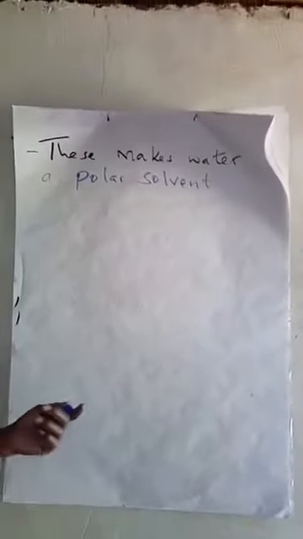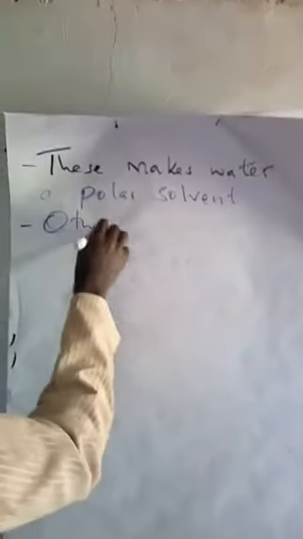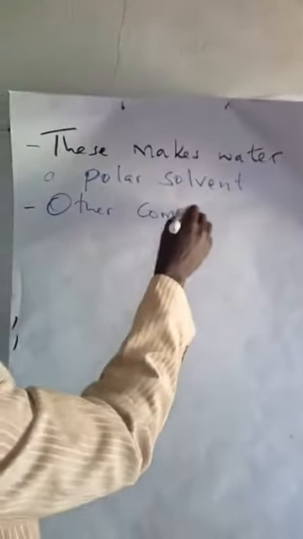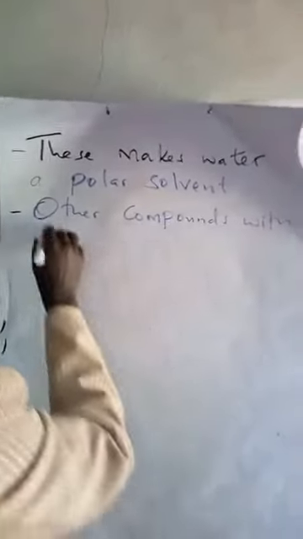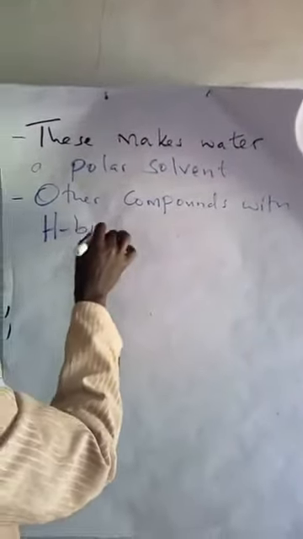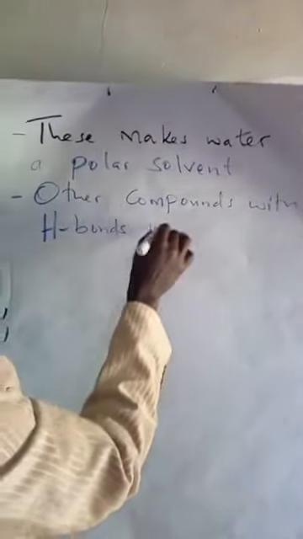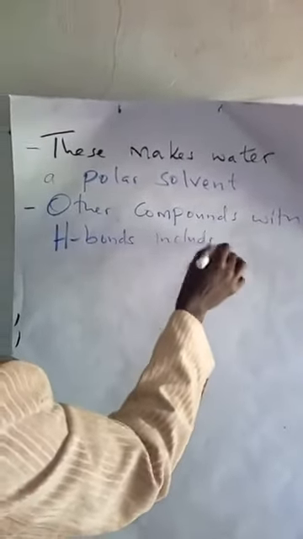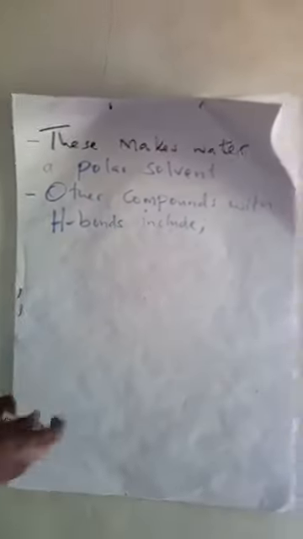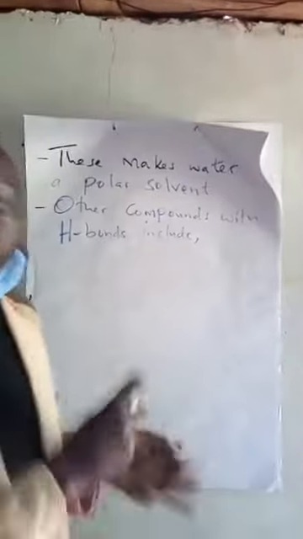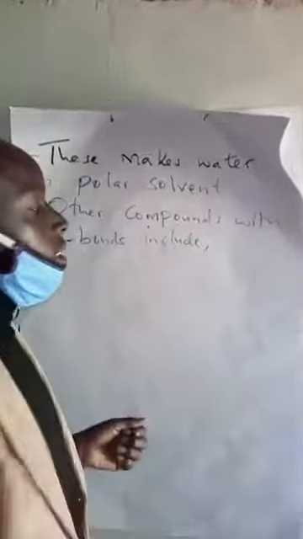Examples, other compounds that have hydrogen bonds include the alkanols and alkanoic acids. Let me just write them in general.